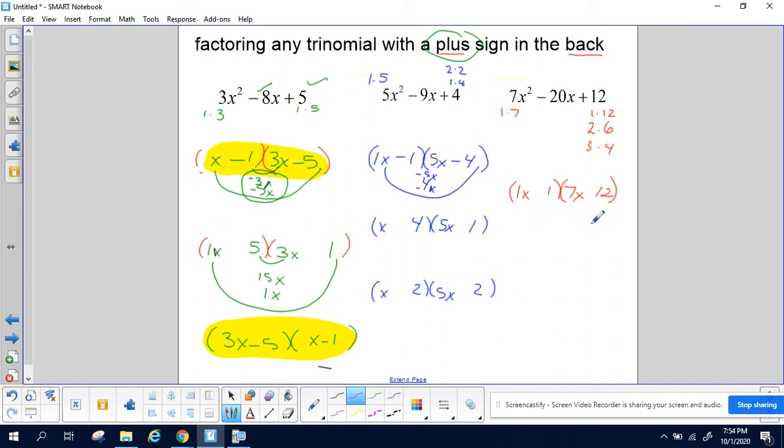Now think about what we'll get here. 12x if I multiply here, 7x if I multiply, 12x, 7x, do not add to 20. We're close, 19, but not adding to 20. So I'll grab my eraser. What if I put the 12 in that position and the 1 on this side?